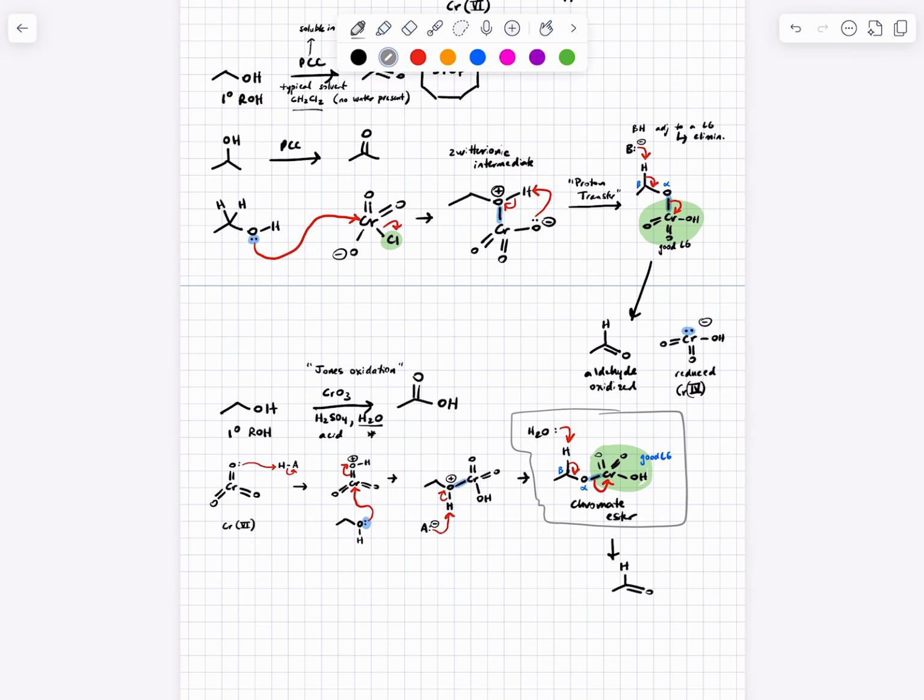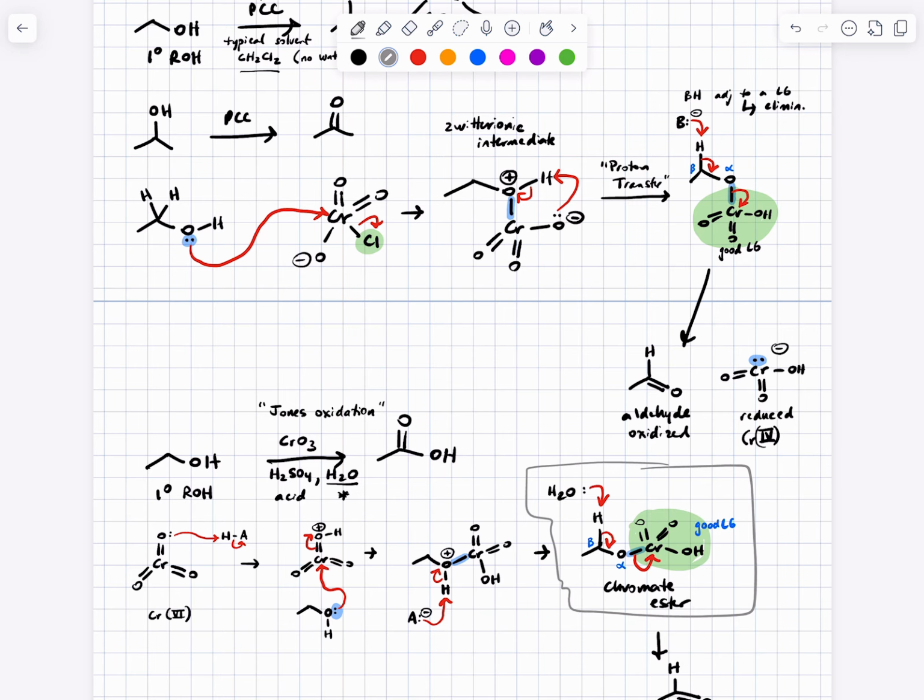Now, here's a detail I'm going to provide for you that the text does not. The text says, in effect, that PCC can stop at the aldehyde because it's less reactive. That's an unsatisfying explanation when you realize that the key intermediate, the chromate ester, is identical whether you're doing the Jones oxidation or PCC, right?